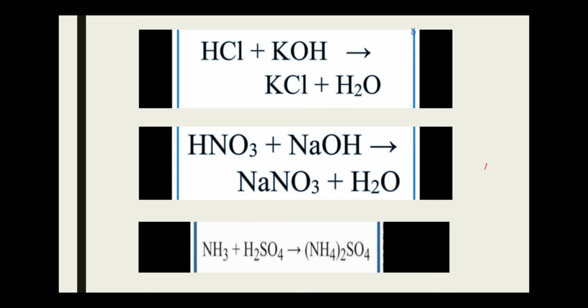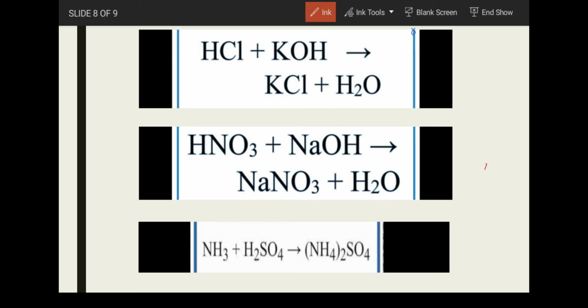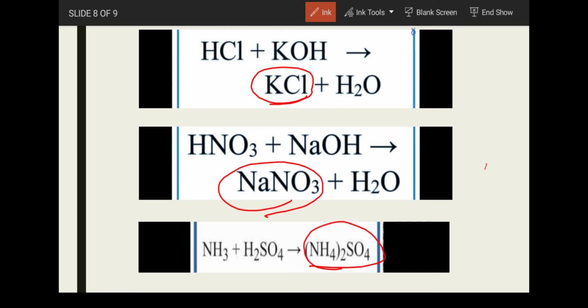We see here KCl, NaNO3 and ammonium sulfate. As we see, the acid here is HCl and the base here is KOH. They are both strong in nature, so the salt will definitely be neutral.